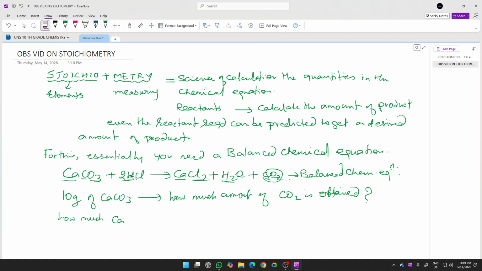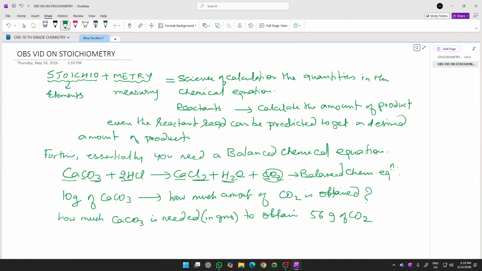How much calcium carbonate is needed, that is the mass in grams, to obtain, say, 56 grams of carbon dioxide, something like that. This is a gas, so it can be in volume.